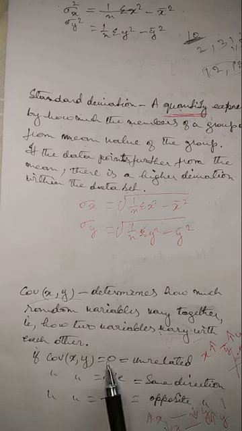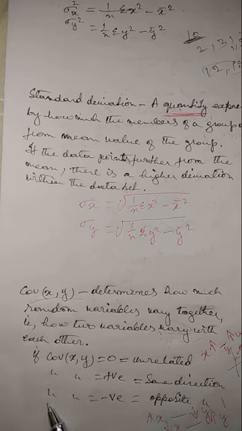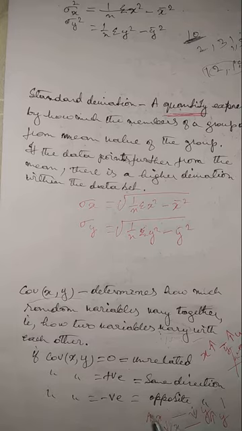So if cov xy is equal to 0, that means they are not related at all. If cov xy is positive, they vary in the same direction. If cov xy is negative, they are moving in the opposite direction, or they are related negatively.